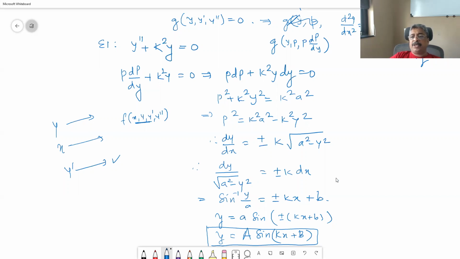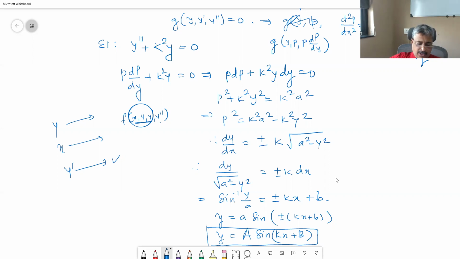But if the given differential equation is of order 2 and it has got everybody, it has got x, it has got y, it has got y dash, it has got y double dash, then actually it is beyond your scope right now, because that is what you are supposed to do in engineering, not before engineering. So higher order, only if one of the three guys are missing, then we can deal with it.